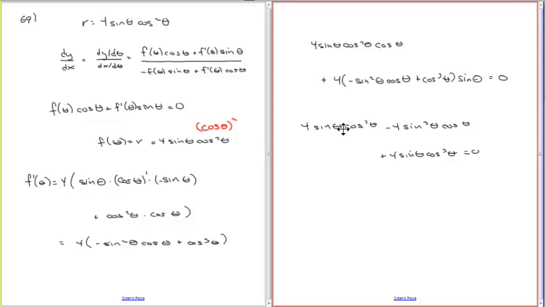We have sine θ cosine cubed θ twice, so you add those together and you get 8 sine θ cosine cubed θ minus 4 sine cubed θ cosine θ, and that equals 0. We can factor out 3 terms: the 4, a sine θ, and a cosine θ, because we have each one of those.